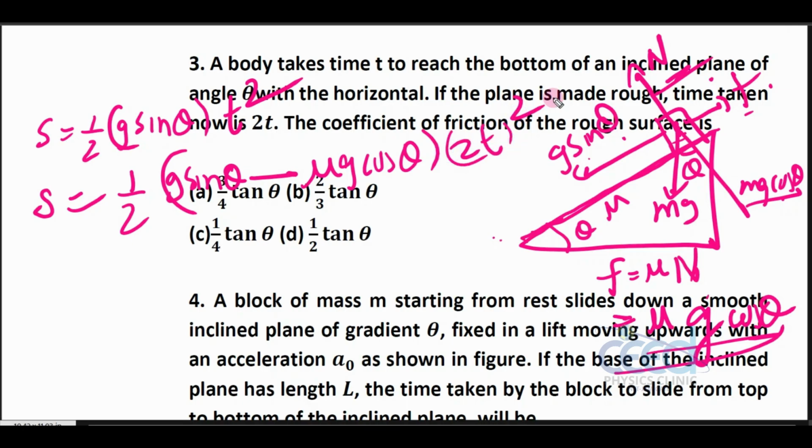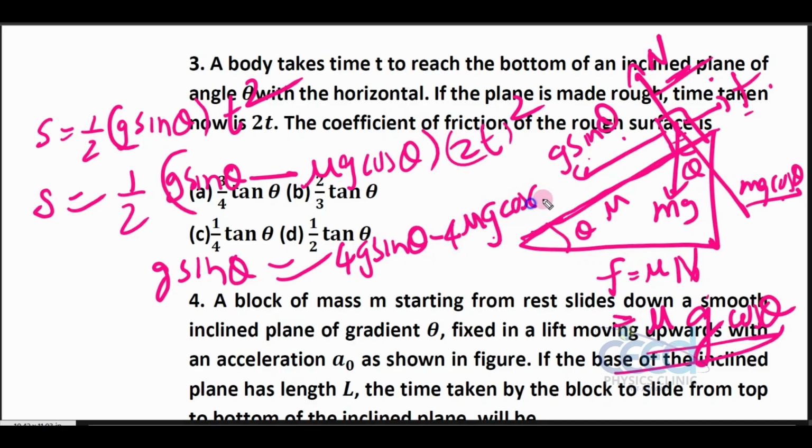Now you can equate this. By equating, t square cancels, half cancels. What remains? g sin theta is equal to 4g sin theta minus 4 mu g cos theta. So 4 mu g cos theta is equal to 3g sin theta.